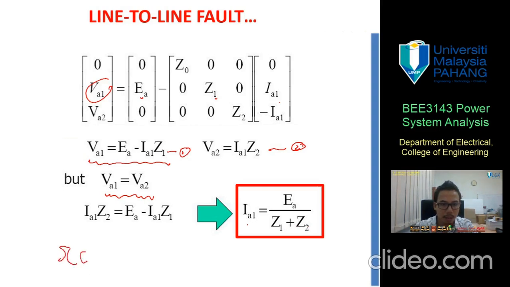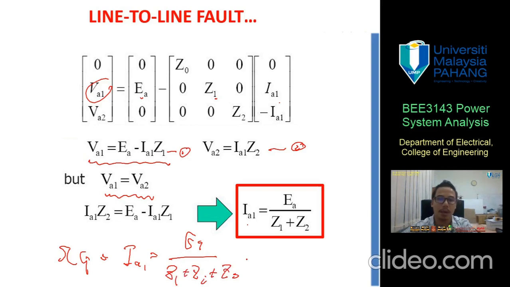What about the SLG? The difference is only this. IA1 equals EA over Z1 plus Z2 plus Z0, I'm sure you remember. That is IA1 for the SLG, but this time it is for the LL: line to line is EA over Z1 plus Z2.